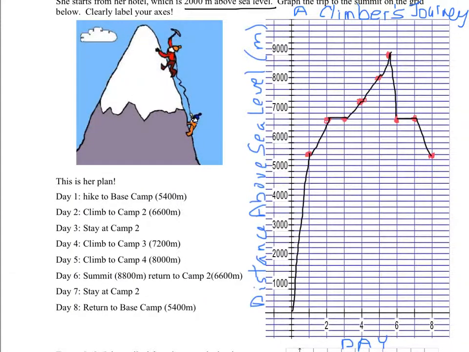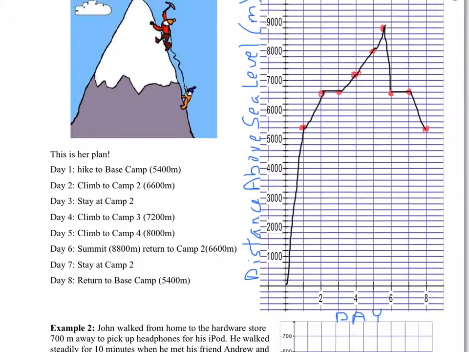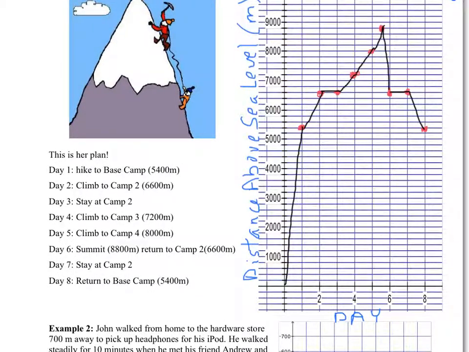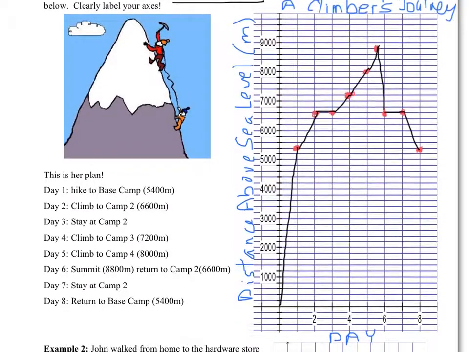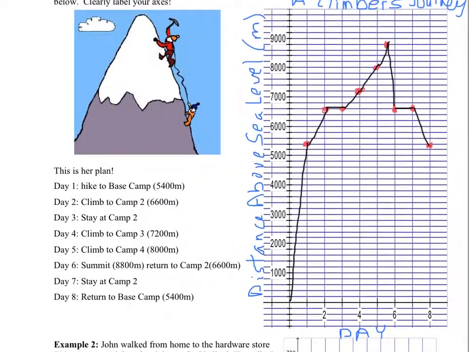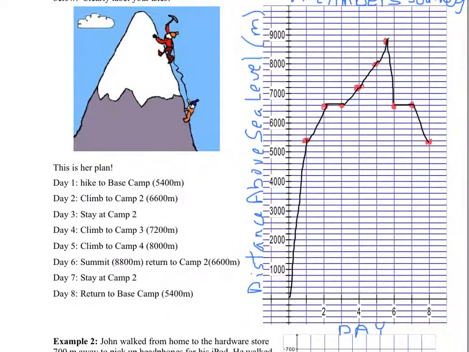And down on the horizontal axis, we've got day, because all the information is given in days. So if we look at the graph, a couple of things we've got to assume: because we're drawing straight lines, we're assuming that they're always climbing at a steady pace, which probably is unrealistic.